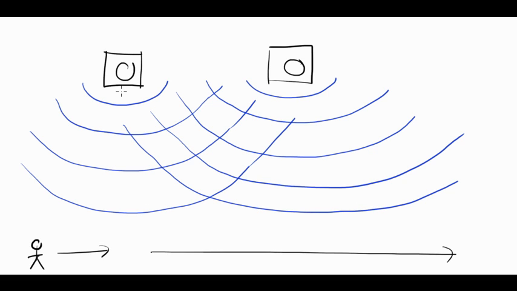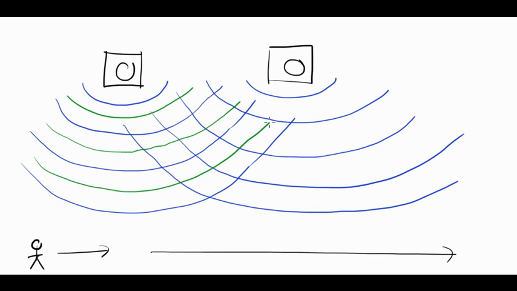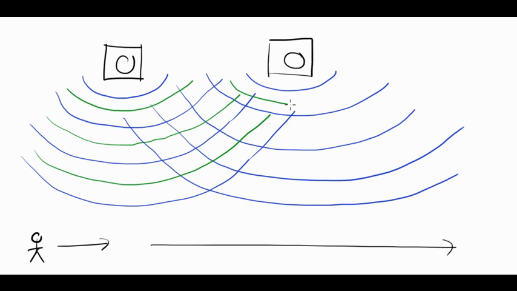On my diagram, the blue waves represent the crests. And I'm going to draw green waves in between, and those green lines are going to represent the troughs. So it's kind of a bird's eye view.